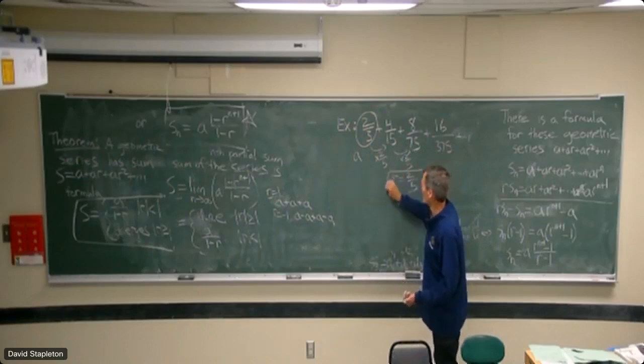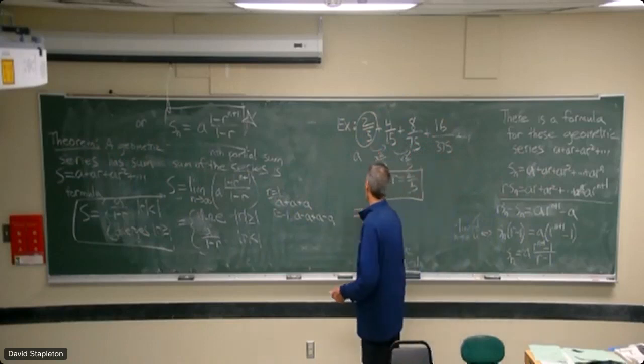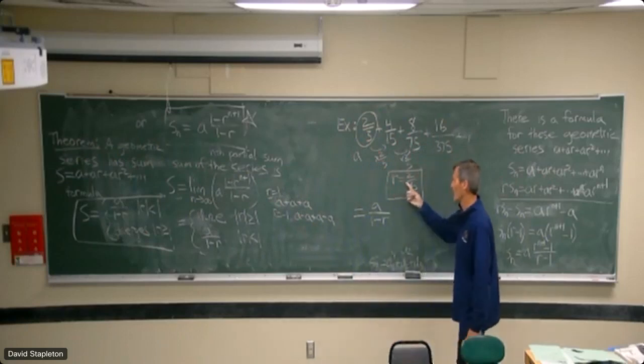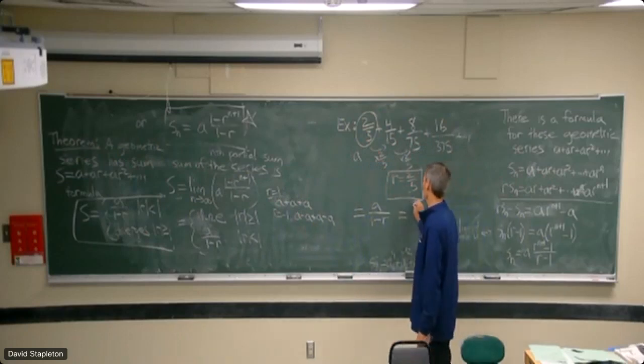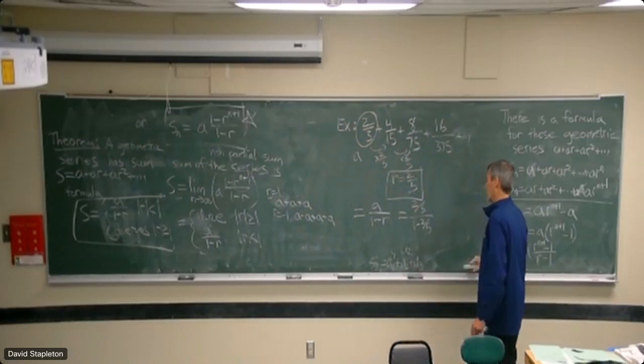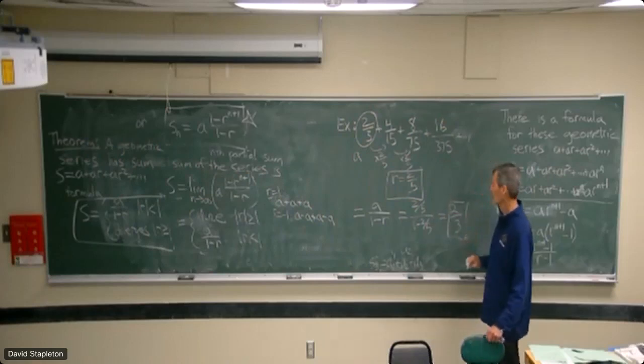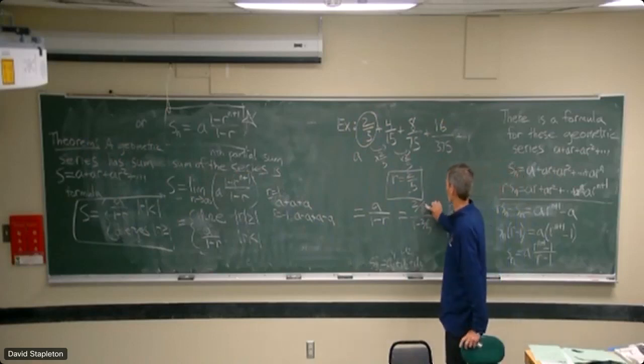Once I know it's geometric, I say that multiplier is R, and the first term is A, and the sum is A over one minus R by the formula, provided that R is less than one in absolute value, and it is. So this one is (2/3) over (1 minus 2/5). Oh, I'm sorry, A is 2/3, thank you.